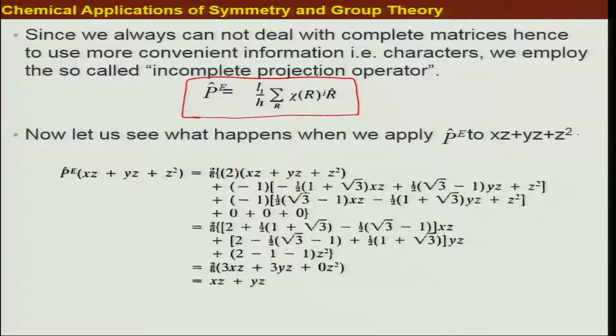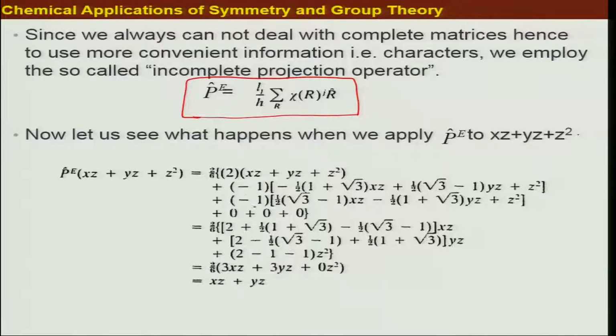So for identity you have character 2, right, for the C3v point group and the E representation. So you operate identity on this function and you get back the same thing, and when you operate C3 you get the same result as we have seen in the previous example of the complete projection operator, because the effect of R is not going to change, and then you multiply by the character of C3, which is -1, correct, because C3 and C3 squared are clubbed under the same class, so both of them have the same character.